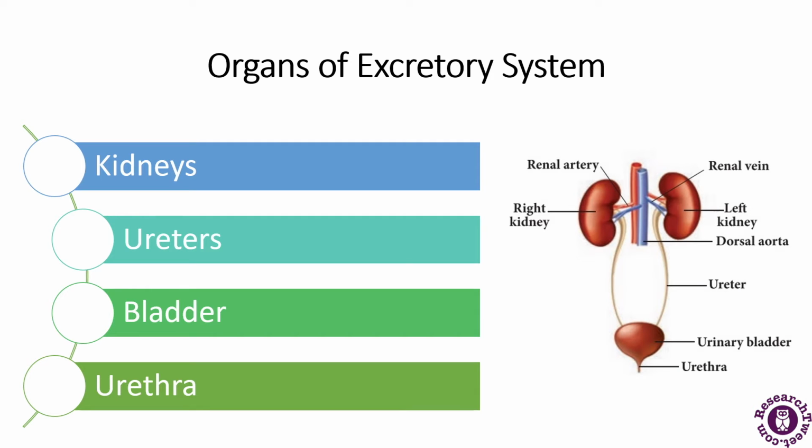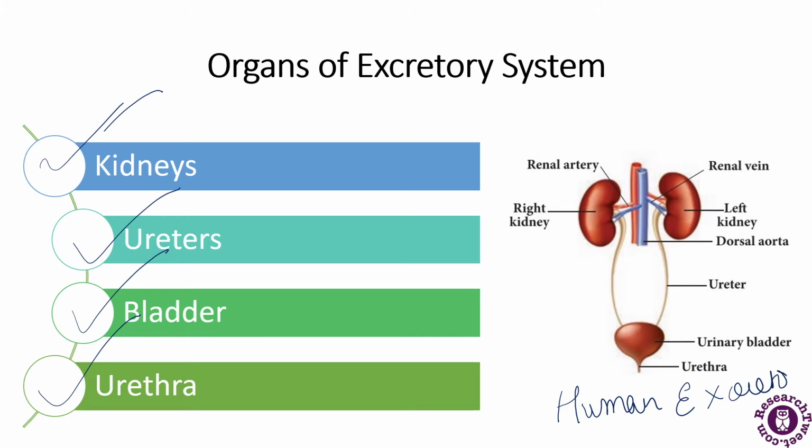Now, these are the main organs of the human excretory system: kidney, ureter, bladder, that is the urinary bladder, and urethra. Here is a figure representing the human excretory system.